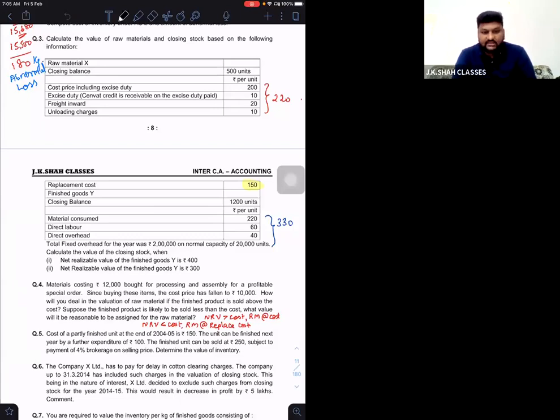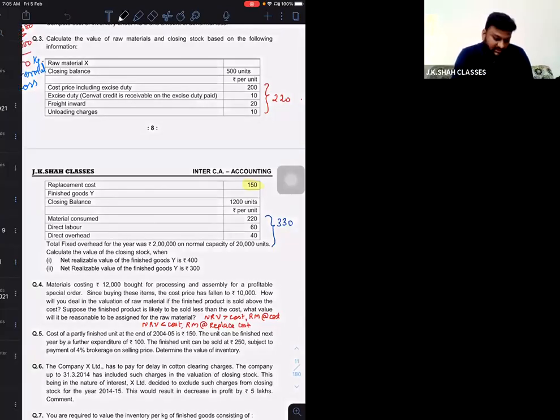Then in the second case, the NRV is 300 rupees, which is less than the cost. So, sir, if it is less than the cost, finished goods will be valued at NRV. And if finished goods are valued at NRV, your raw material has to go at replacement cost. So finished goods 300 multiplied by 1200 units, and raw material 150 rupees multiplied by 500 units.